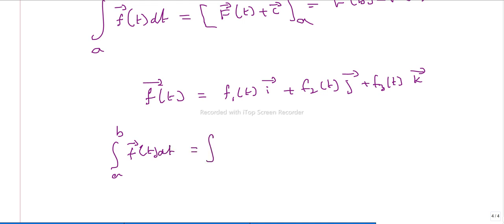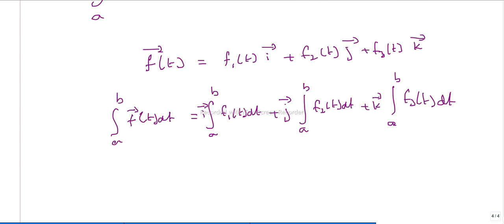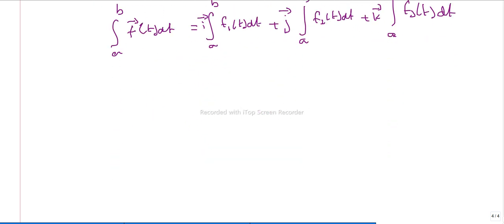So integral a to b of f1 of t dt, we can take i outside, plus j vector times integral a to b of f2 of t dt plus k vector times integral a to b of f3 of t dt. You have to integrate term by term with respect to t. That is the integration if the limits are known, the finite values a and b.